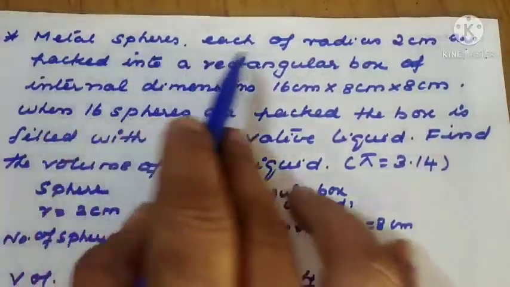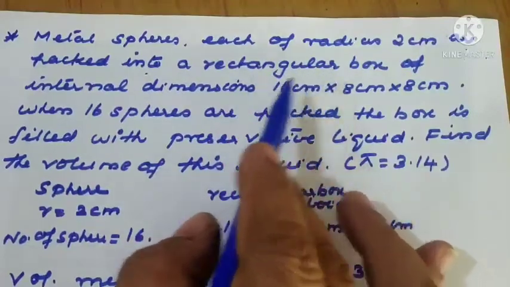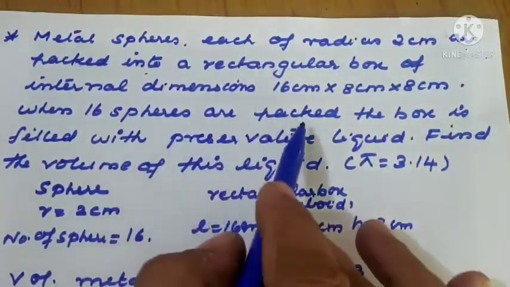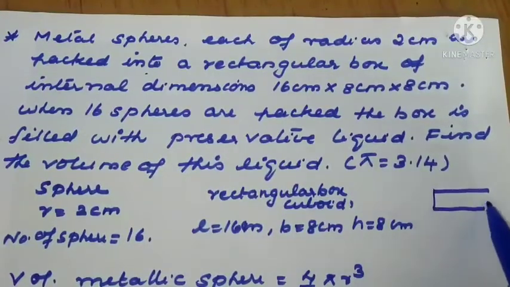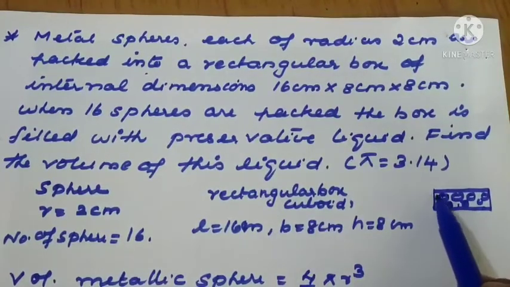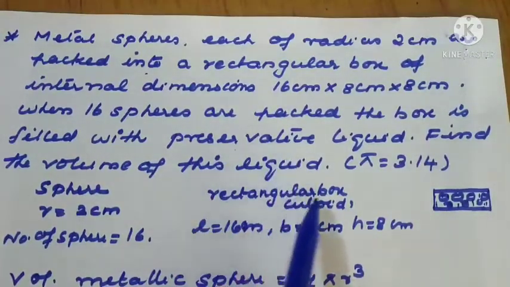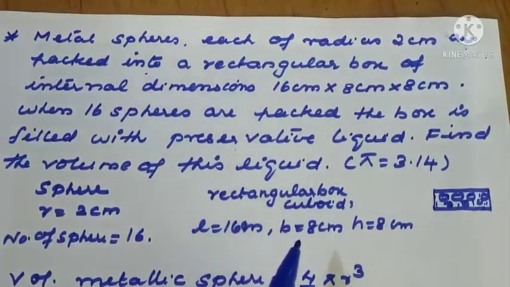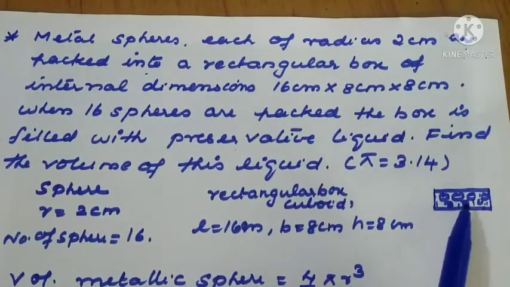Metal spheres of radius 2 cm are packed into the rectangular box, when 16 spheres are boxed in a box. See, whenever we have a box packed with 16 spheres, right? Now in between there is some space which has that liquid. So the volume of this liquid only is asked. So first we have calculated the sphere volumes, 16 spheres are there.